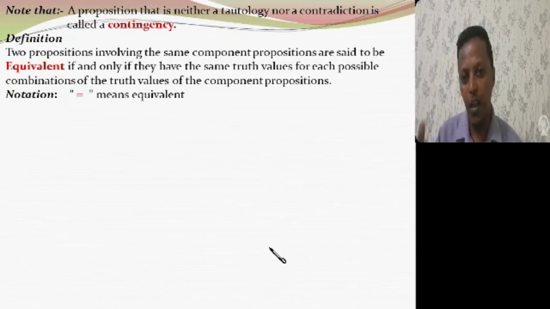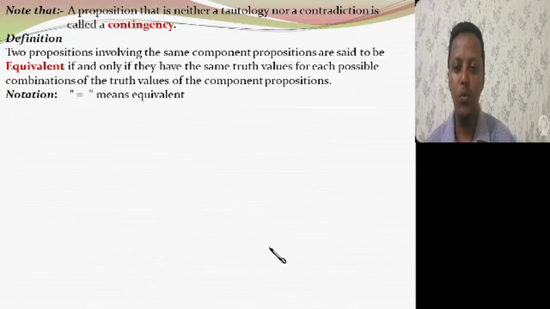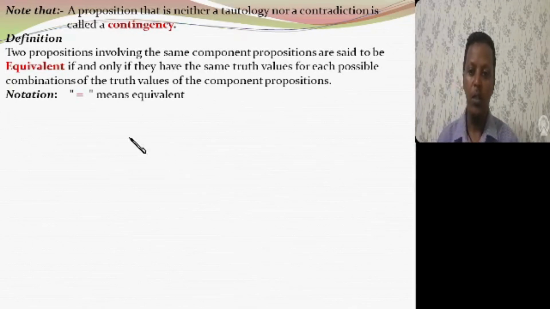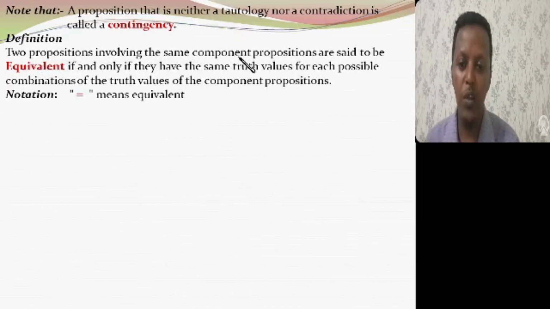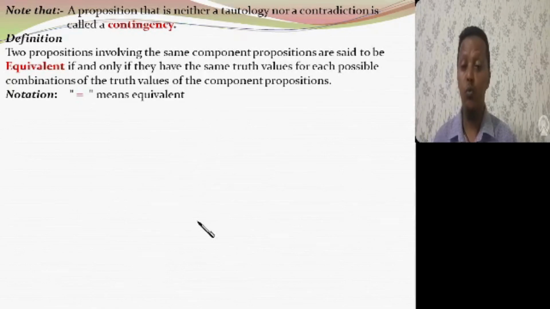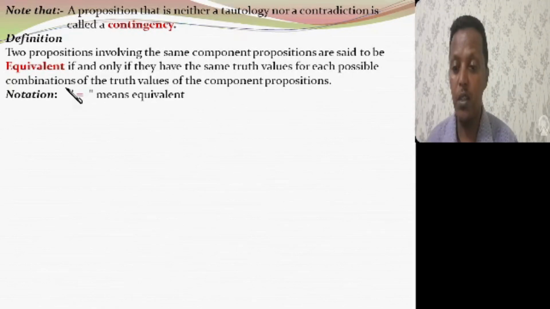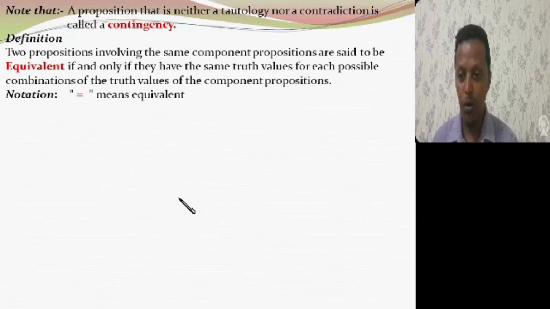In case we have 8 logical possibilities, we must have the same truth value. So in general, two propositions involving the same component propositions are said to be equivalent if and only if they have the same truth value for all logical possibilities, and this is the symbol for equivalence.